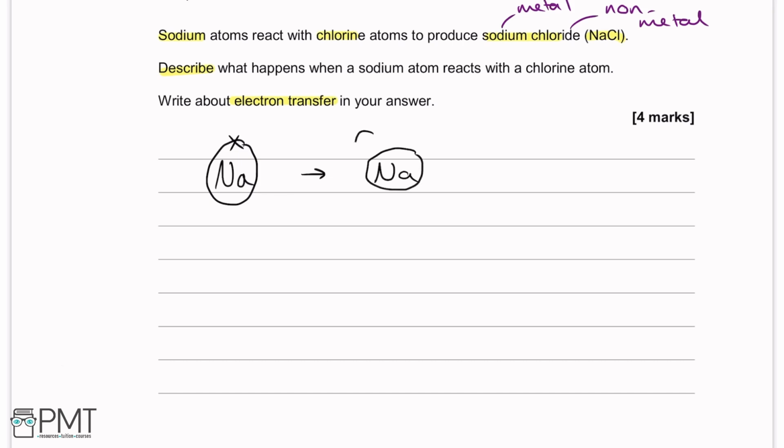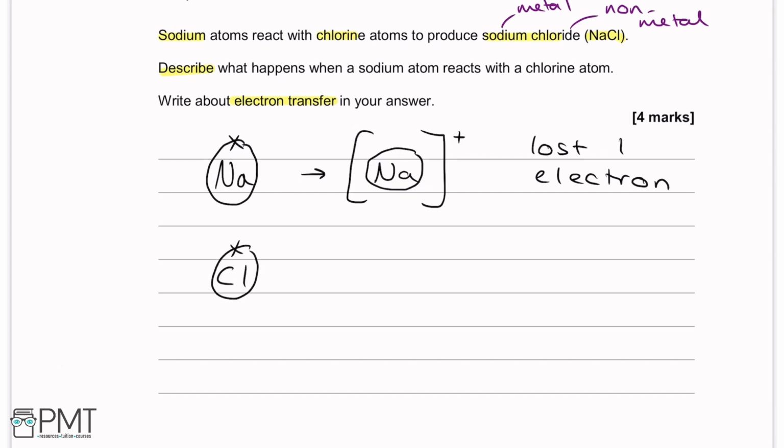And this is going to leave us with a positive ion. And the reason for this is that now there are more protons than electrons. Okay, so sodium here has lost 1 electron. And now let's think about chlorine. So as we just discussed, chlorine is in group 7.